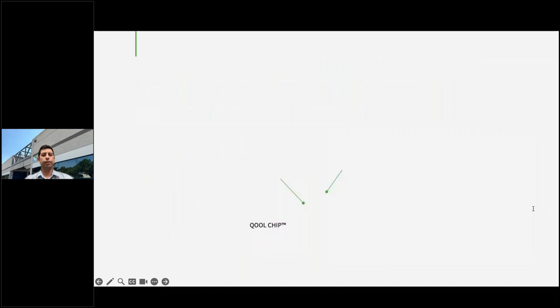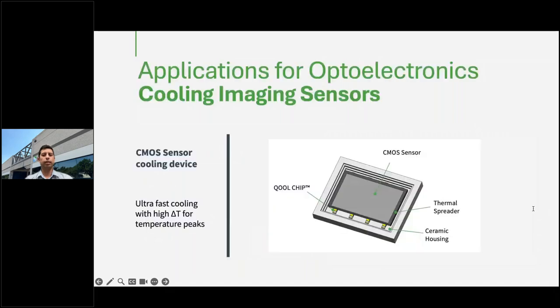Imaging sensors like CMOS, CCD, and infrared are all highly sensitive to temperature increases. Quality degrades rapidly for in-phone cameras, AR, VR devices, or biomedical applications. One example of these challenges is the dark current noise.